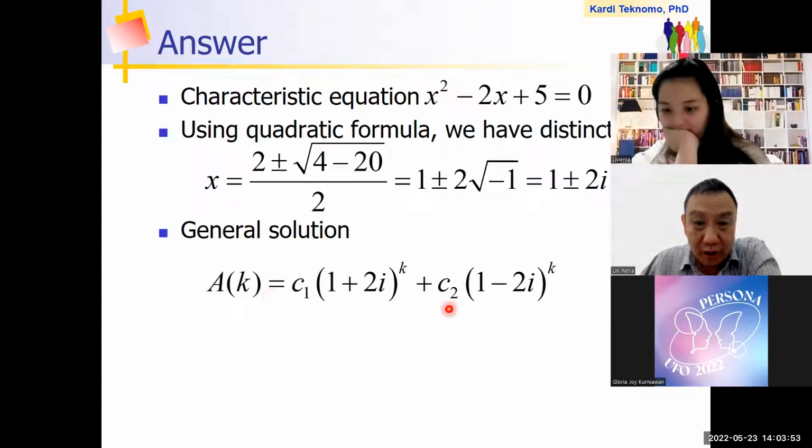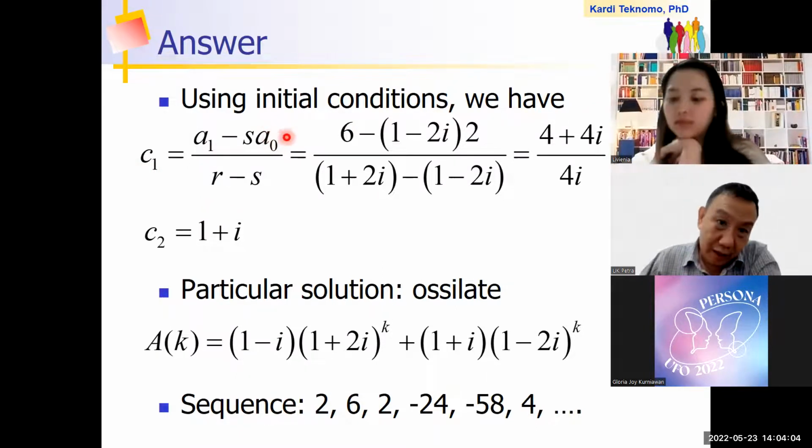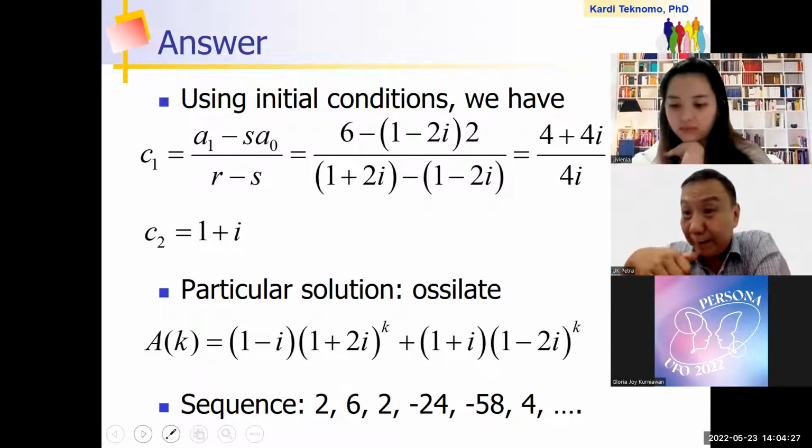If you know C1 and C2, you can directly compute. If you know A0 and A1, you can compute C1 and C2, and then you get the particular solution. If you look at the result, this is a sequence that is positive, then negative, then positive again, then negative again. So it oscillates. Clear or not? It's just plugging into the formula.